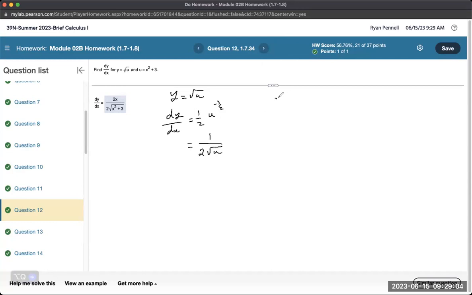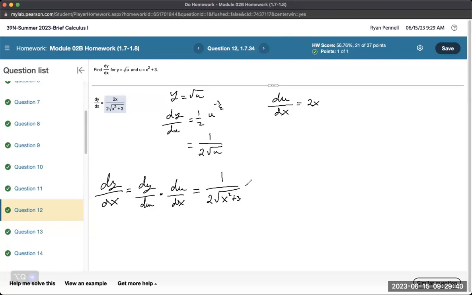Now, what's going on with du/dx? Bring down the 2, and I think that's it. So du/dx is just 2x, no problem. So let's build it. dy/dx equals dy/du times du/dx. 1 over 2 root u, and our u is defined to be x squared plus 3, times du/dx, and that's 2x.